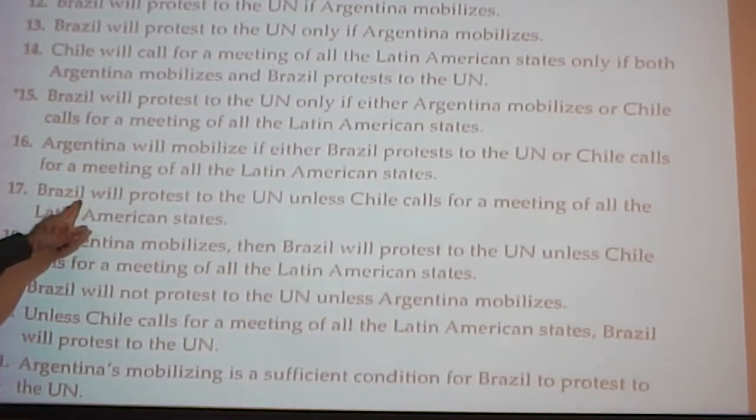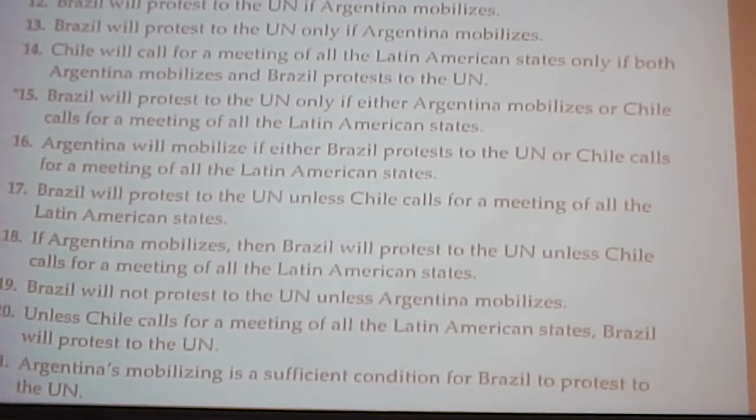For example, look at number 17. You might not be able to pick out any word that corresponds to a symbol, but it's obviously a compound statement. These all are compound statements.